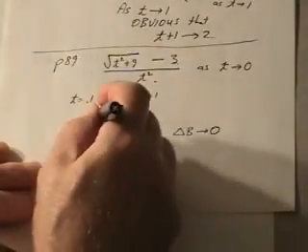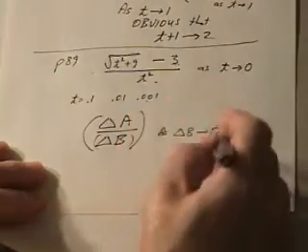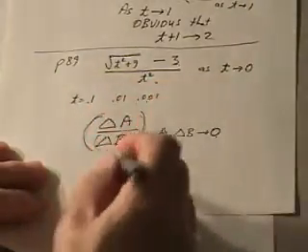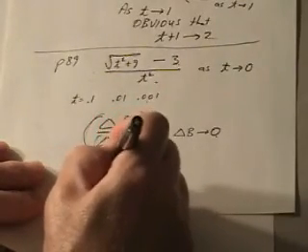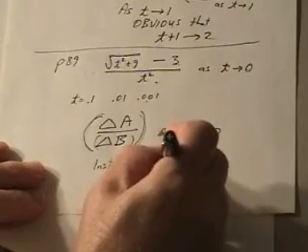And the limit of this quantity, what happens to that ratio as the bottom goes to 0, that's what's called the instantaneous rate of change.